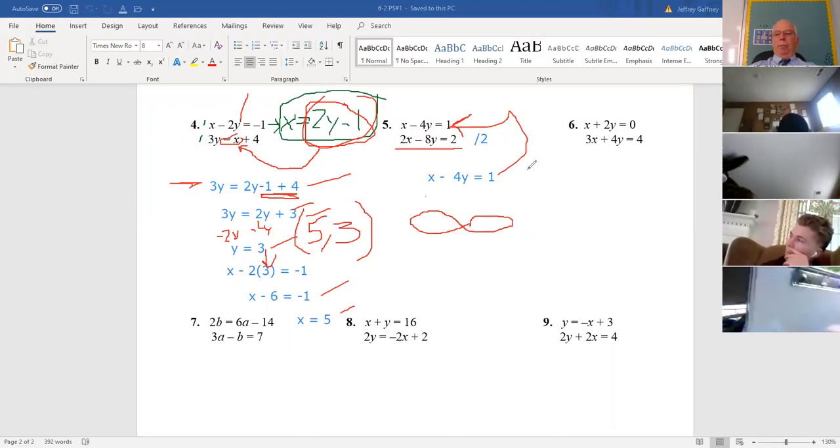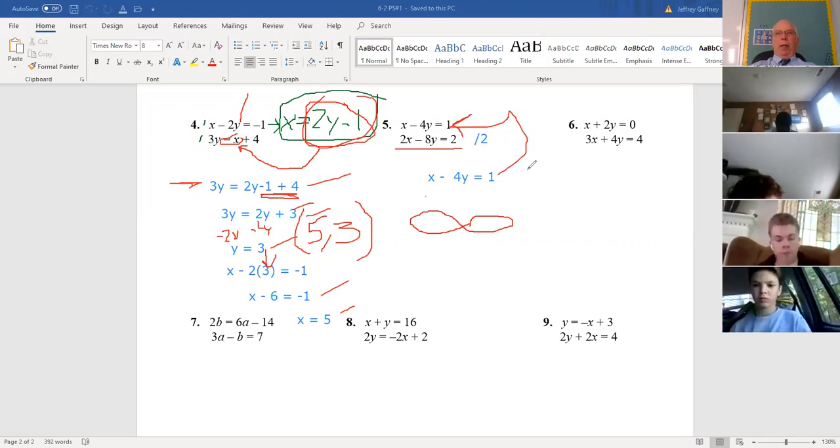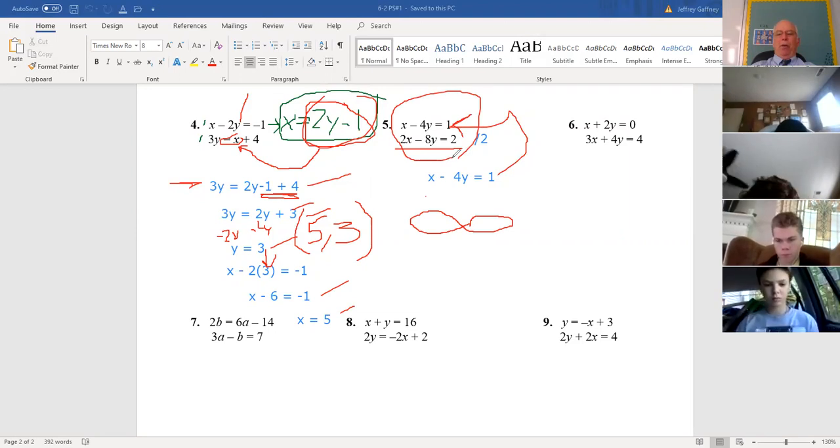Infinite. What does that mean? Infinity, which means I could put any ordered pair into both or either of these equations and it would work. All right. It's the exact same line. Infinite number of solutions, zillions.